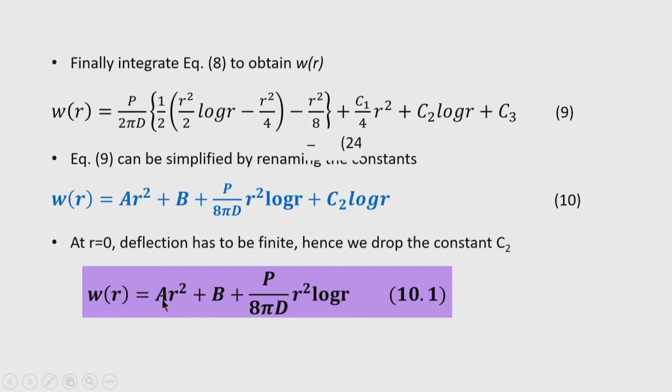You can obtain this: the first term's derivative with respect to r will be 2 A r, the derivative of B will be 0 because it is a constant, and the third term has the constant P by 8 pi D, and here a product of two terms is there. So, you have to differentiate r square first, with the coefficient remaining as log r, plus you differentiate log r and multiply it by r square.